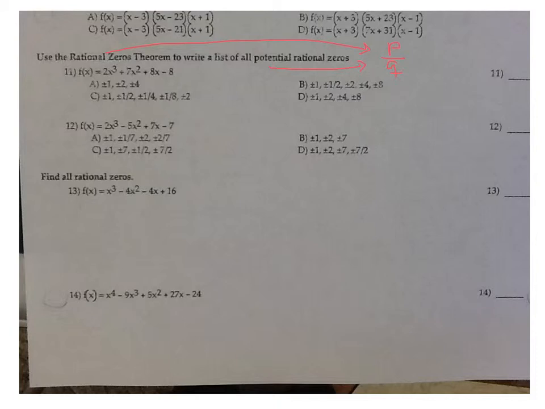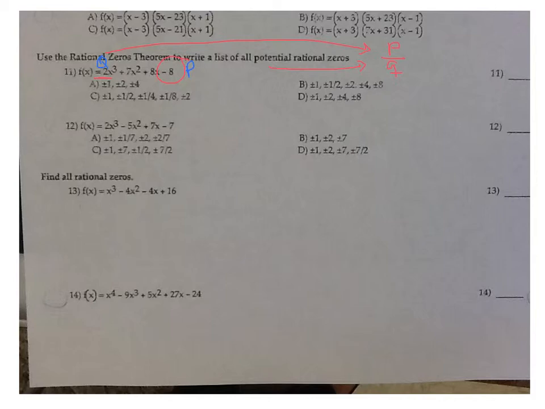Well, P is the last coefficient, the number at the end, the one that has x to the 0 power. Q is the coefficient of the leading term. So in this case, -8 is p and 2 is q.